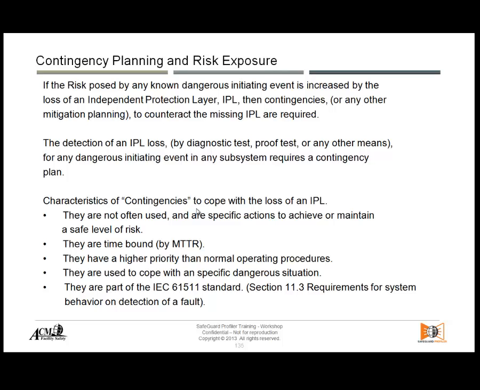This contingency plan is in a sense another safeguard, and it again has to have all the characteristics of safeguards, but there are certain characteristics that are not part of the original safeguard that was lost. First of all, they're not often used and are specific actions to achieve or maintain a safe level of risk when you lost that IPL.